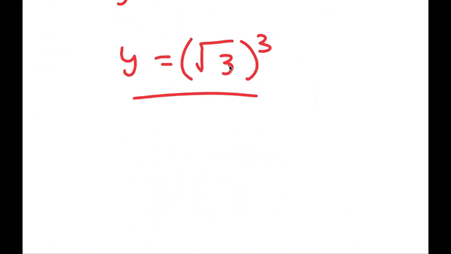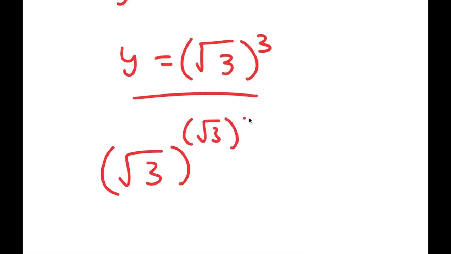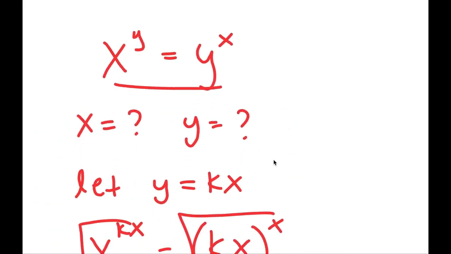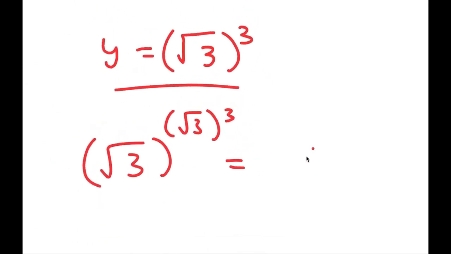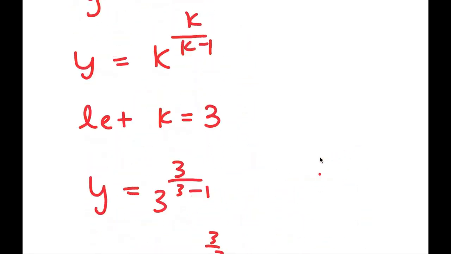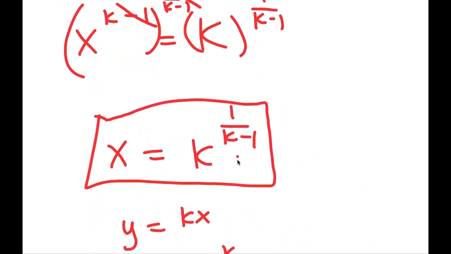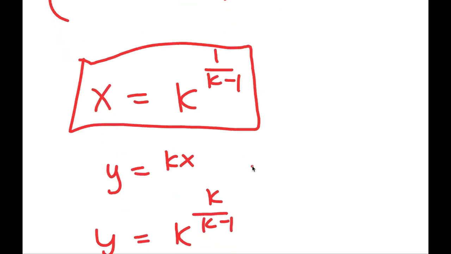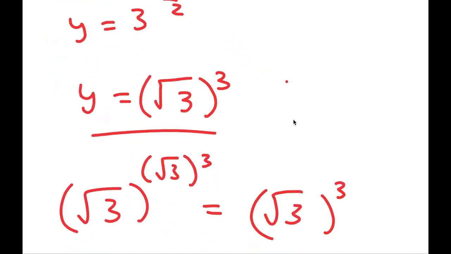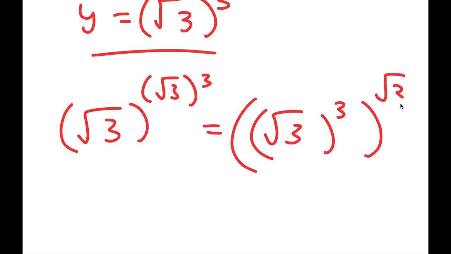So the square root of 3 to the power of 3, to the power of the square root of 3 to the power of 3, is equal to the square root of 3 to the power of 3 to the power of x, which is equal to 3 to the power of 1 over 2, which is the square root of 3.